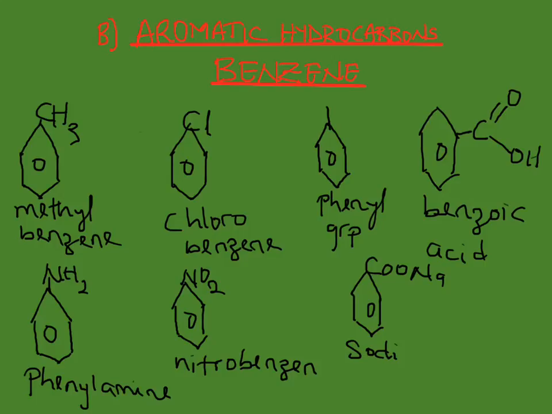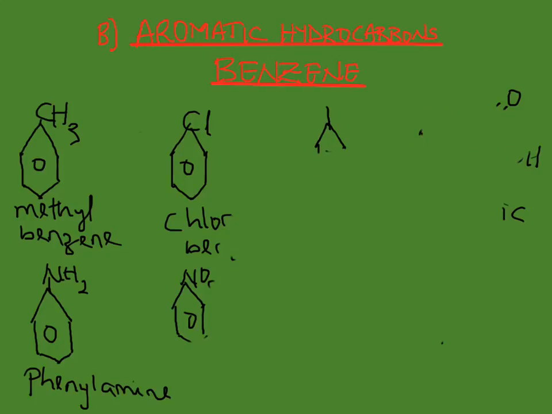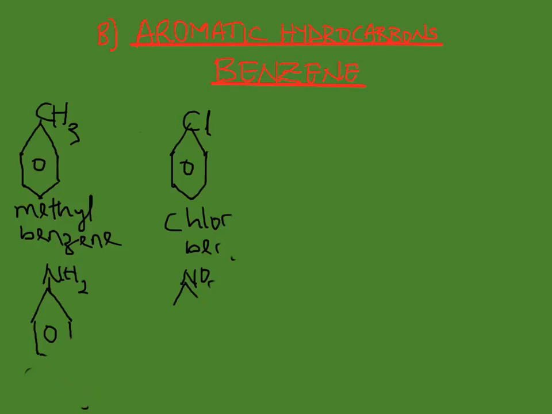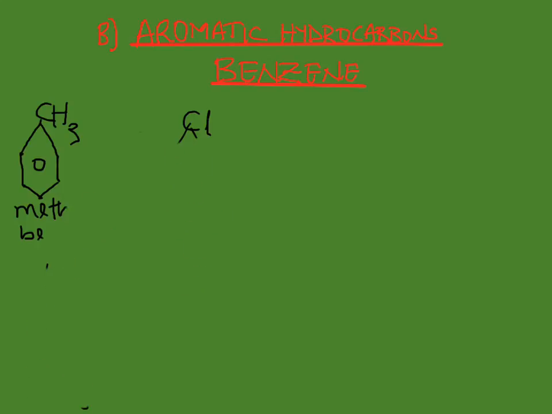The next compound is phenylamine, where an amine group is attached on the benzene ring. We have nitrobenzene, and also the next compound there is sodium benzoate. And that is it. Next we'll be looking at some examples of disubstituted benzene.